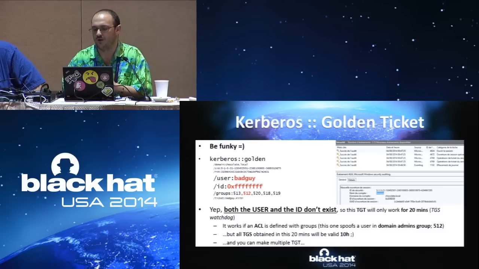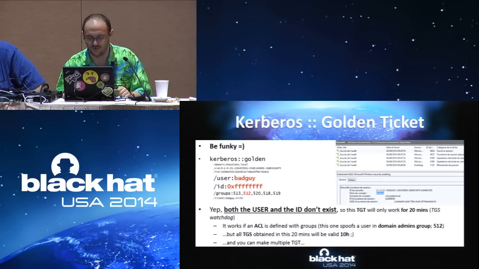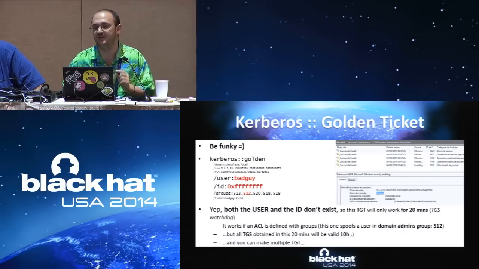And even if it's not enough, in 20 minutes you have enough time to obtain many TGS to access a remote share, to make PsExec or things like that on the domain controller. And this TGS will be valid 10 hours, so you have time, okay? And even if it's not enough, because you are a slow pen tester, maybe, I don't know.